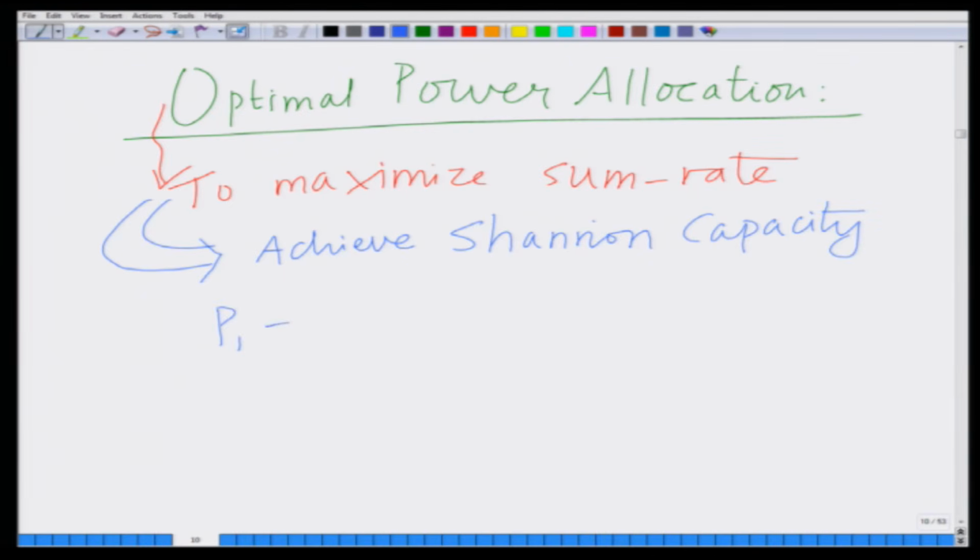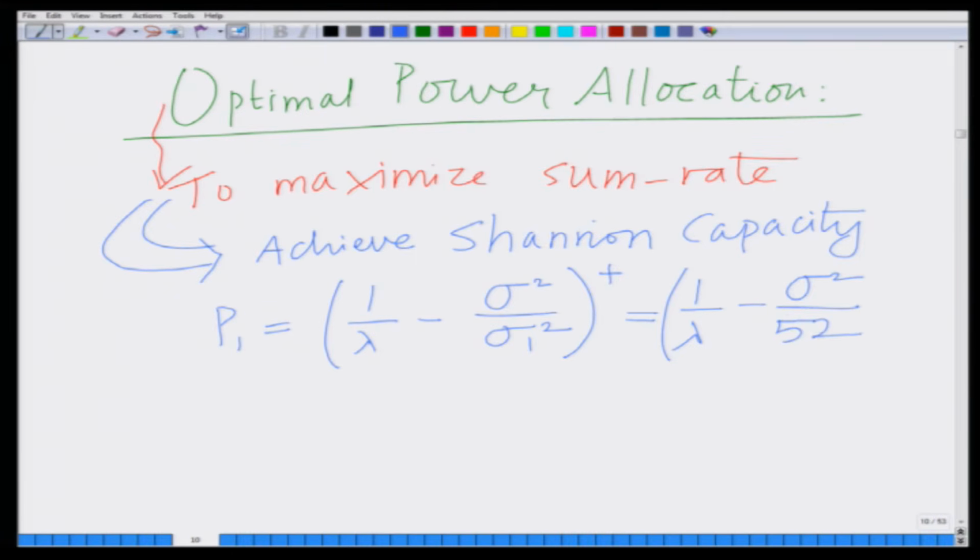I have P1 equals (1 over lambda minus sigma square divided by sigma 1 square) superscript plus, which is (1 over lambda minus sigma square divided by 52) plus.